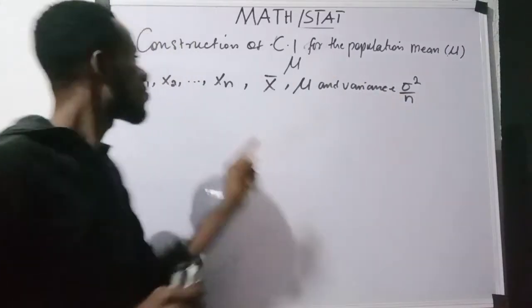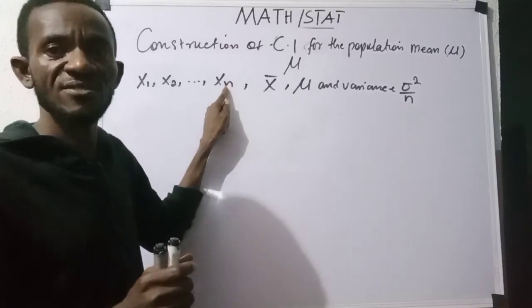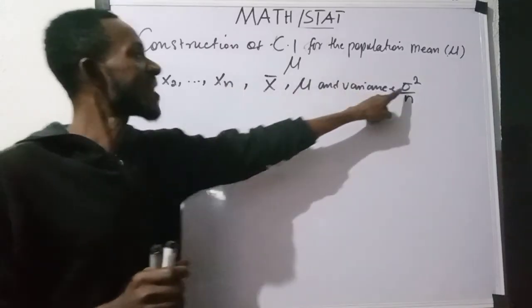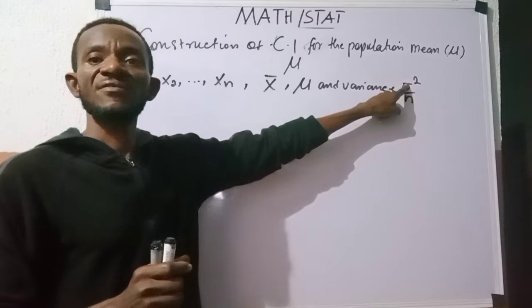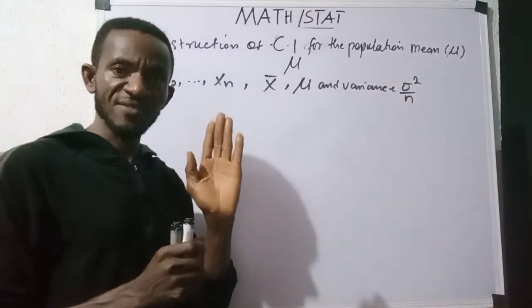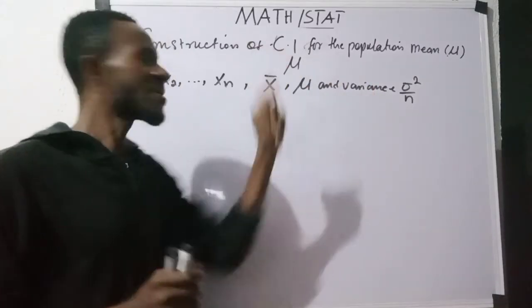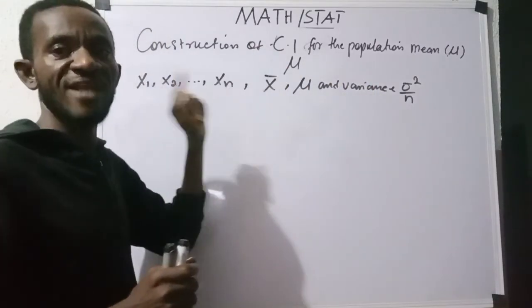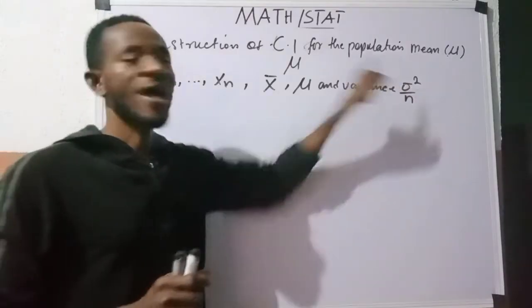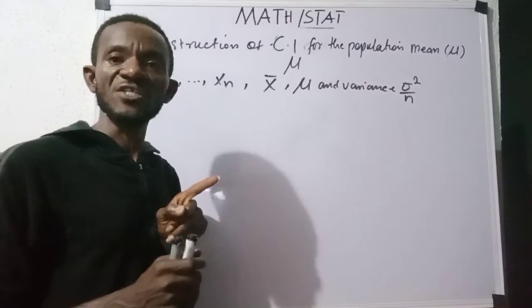How are we going to construct a confidence interval for this kind of statement? Number one, when n is large and the population variance is known. See what I'm saying? How are we going to construct a confidence interval here when our n is large and our population variance is known?